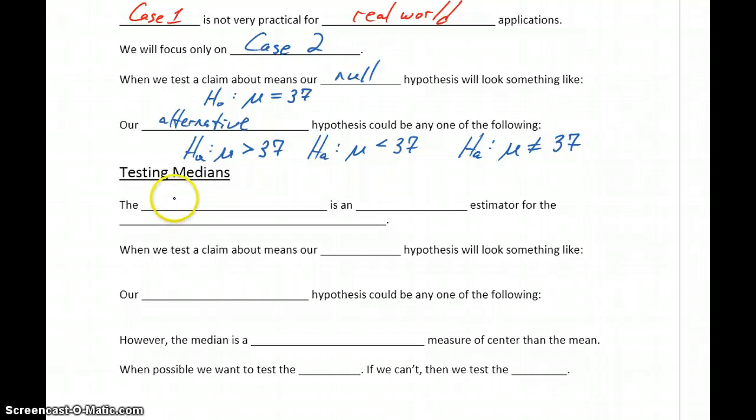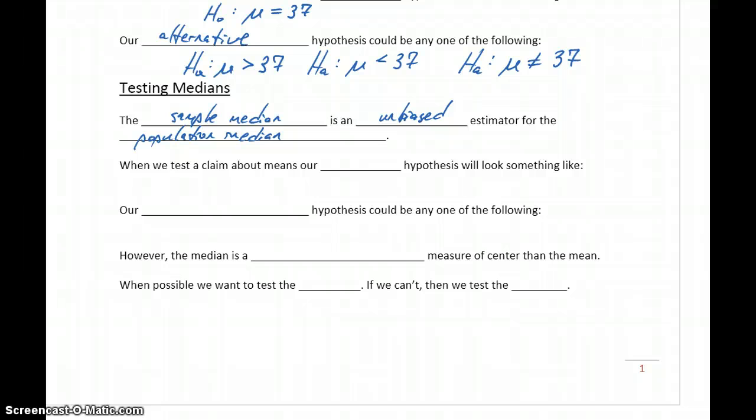When we talk about testing medians, recall that similarly with sample means and population means, the sample median is an unbiased estimator for the population median. So meaning we can base estimates off that, or we can test claims based off a sample median.